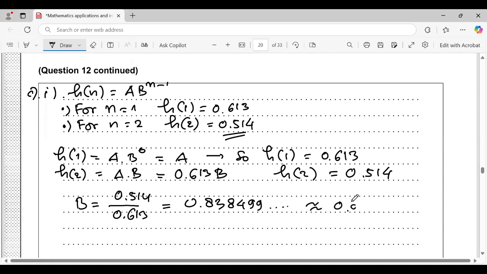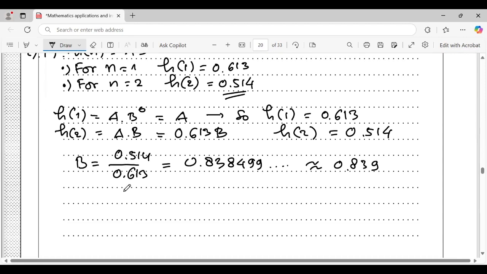Or about 0.839. I have seen in the marks that this result is different. If you have a different opinion about the solutions, you can find other solutions based on your opinion.